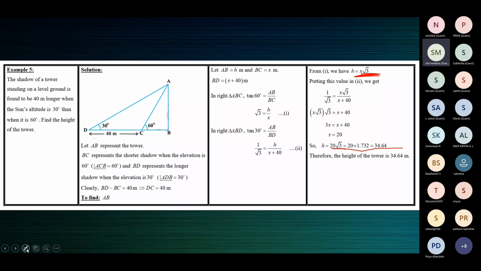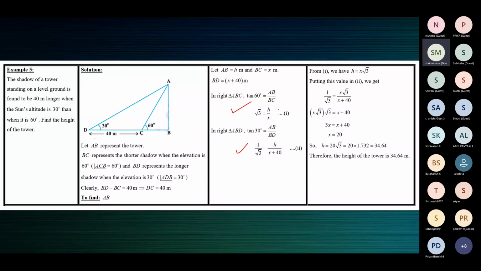Now all of you can make a note of the alternate method. What we have done is the substitution method.